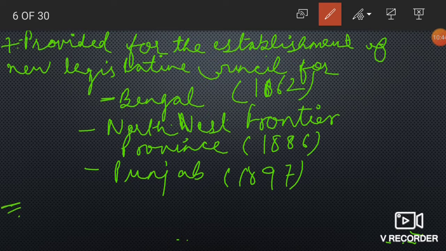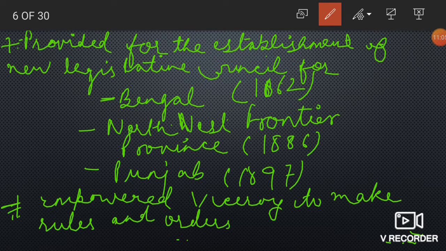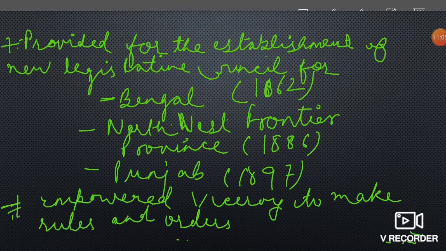This act empowered the Viceroy to make rules and orders for the transaction of business.